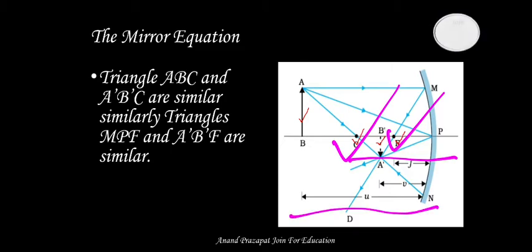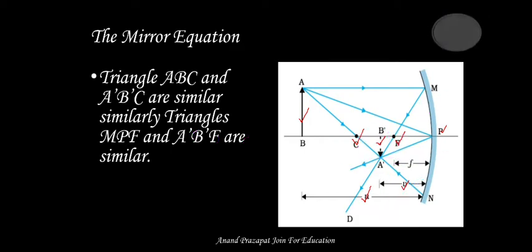It is generally denoted by U. The distance between the foot of the image and P, the pole of the mirror, is known as the image distance. It is generally denoted by V. And the distance between P and the main focus is known as the focal length of the mirror. So there is a relation between U, V and F.